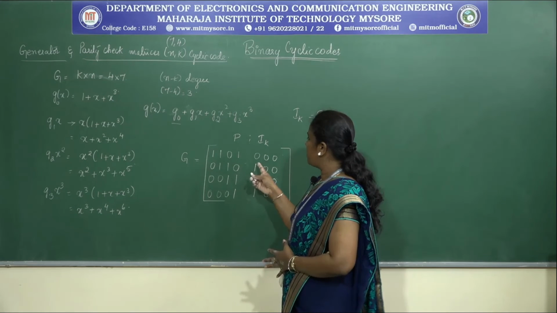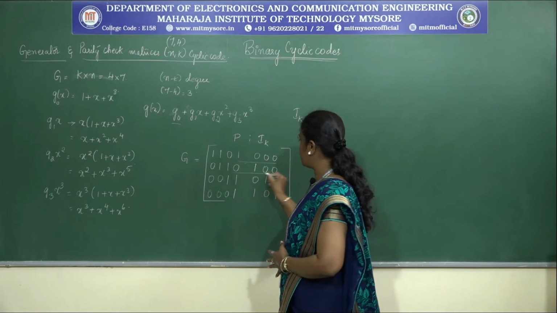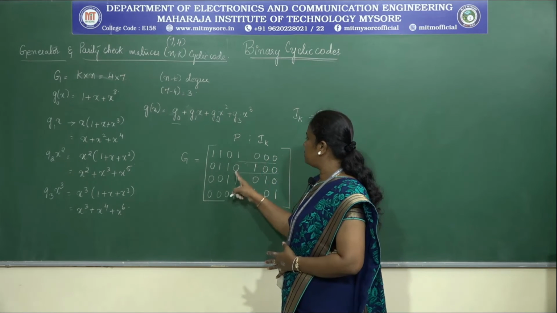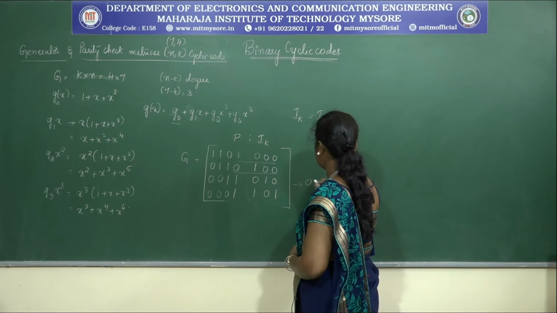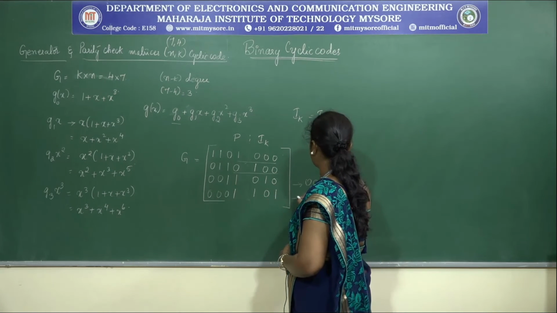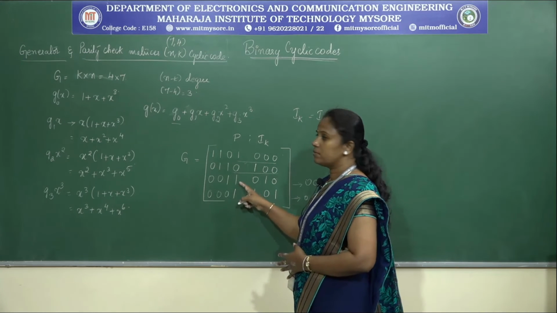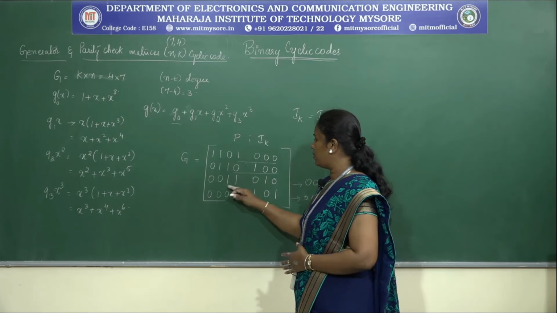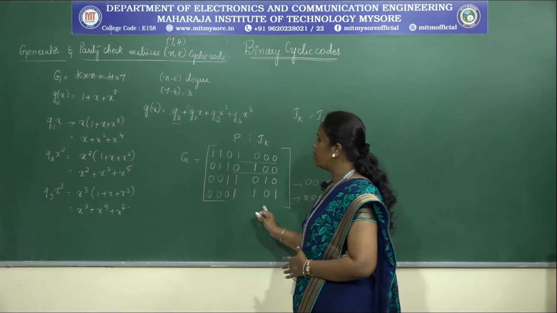The first row and second row are already in the form of identity matrix, that is 1 0 0 0, then 0 1 0 0. The third row should be 0 0 1 0, and the fourth row should be 0 0 0 1. So perform the row addition operation with respect to the third row, and also with respect to the fourth row.